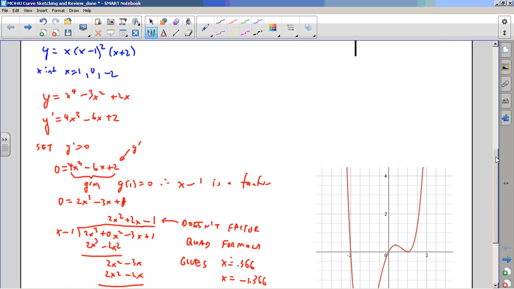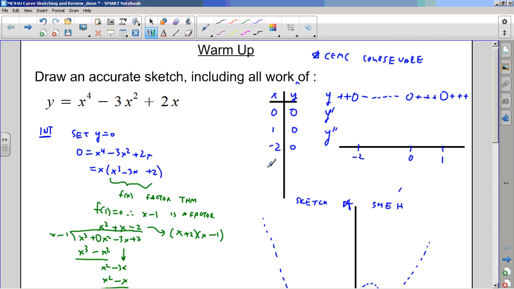And so those go back up here. I'll add 0.366 to this and negative 1.366. See, this will be later. I'll actually pound a bunch of values into my calculator and get the output values. But also I can add these to my sign chart.